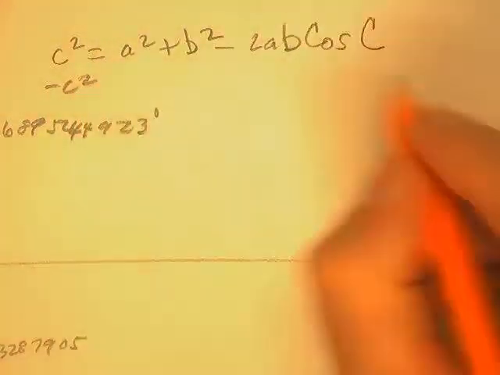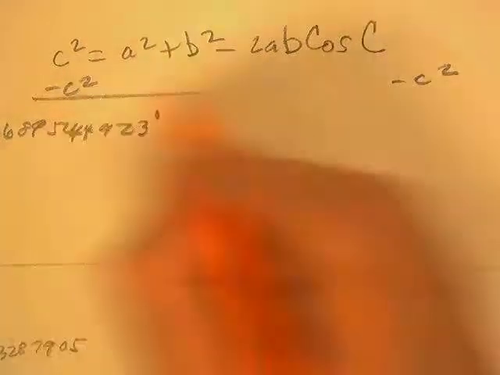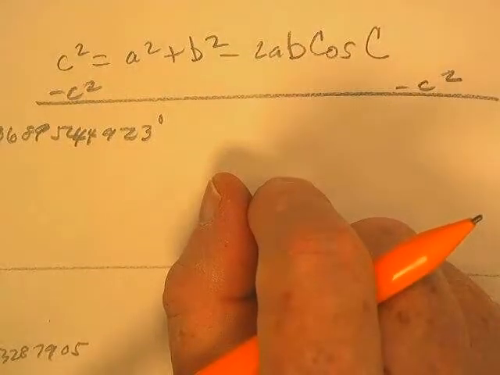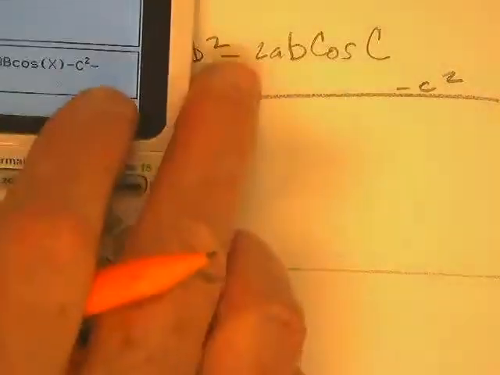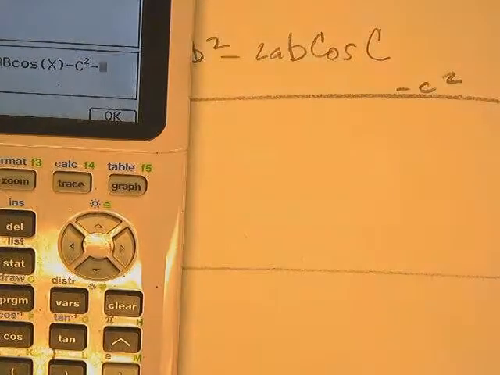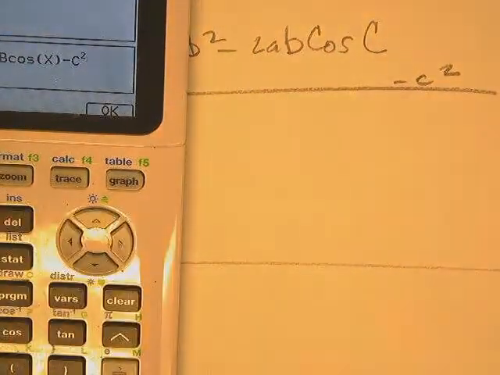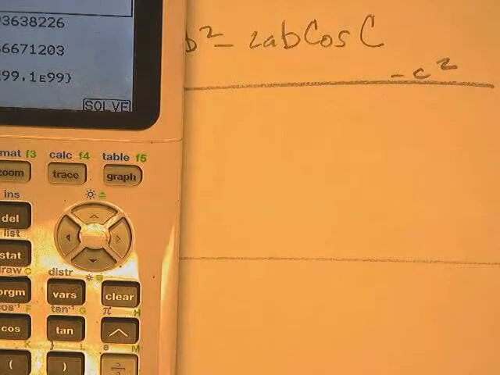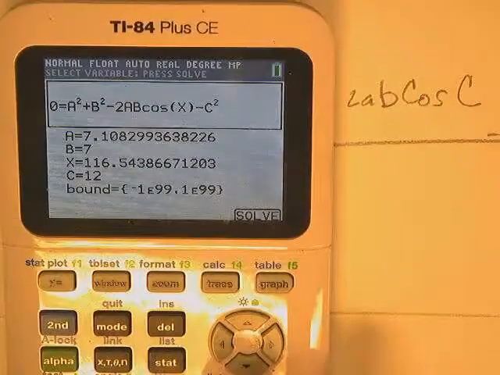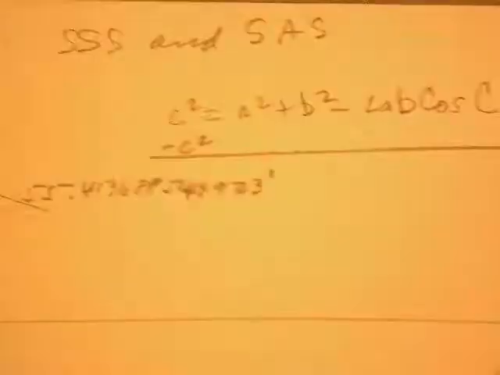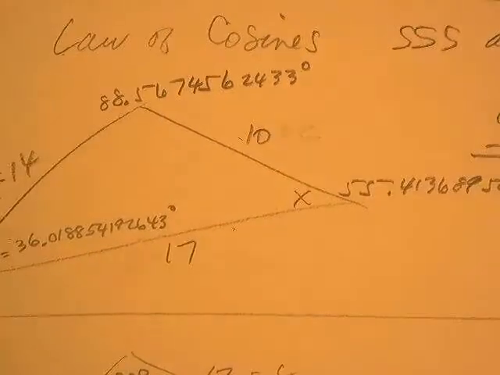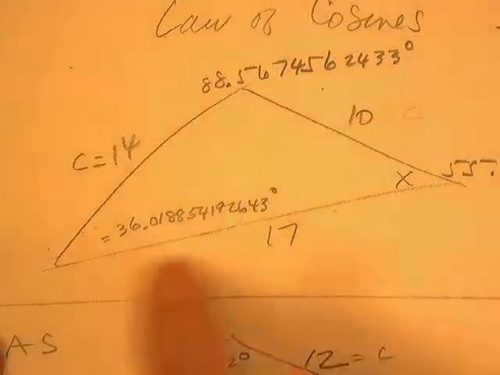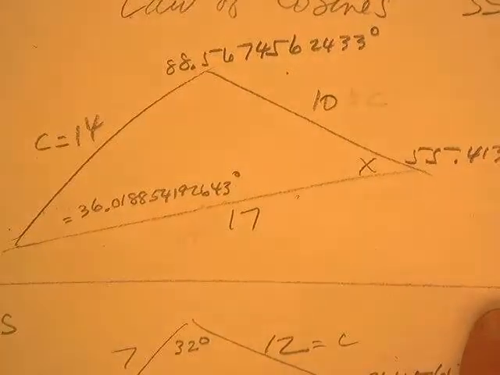Just take C squared and subtract it from both sides, and you'll get the 0 equals. And then it solves the same way. Down here, it'll solve it exactly the same way. Nothing will change down here. You just got to switch X and C around when you do this.